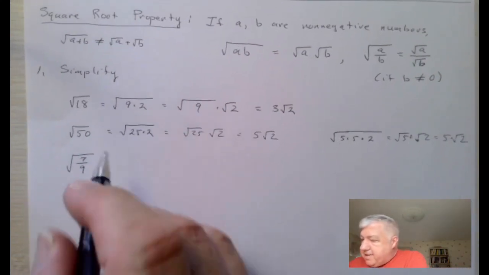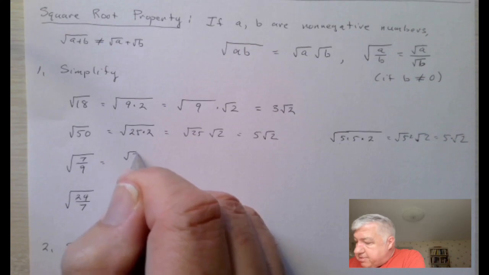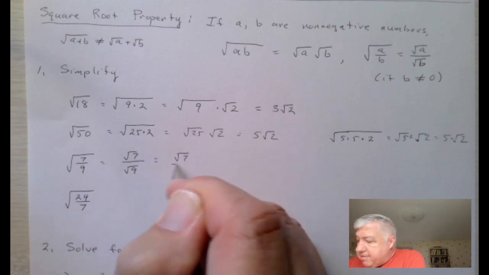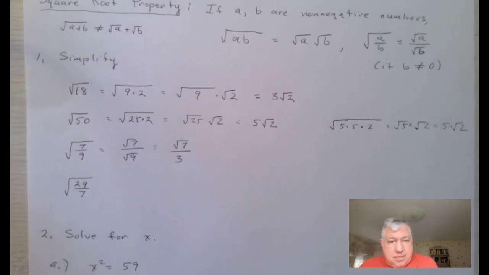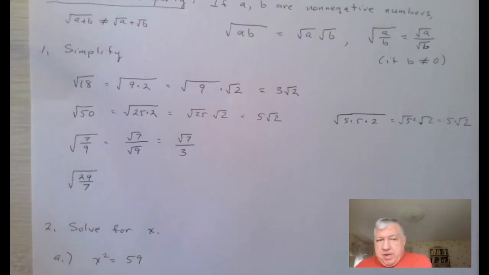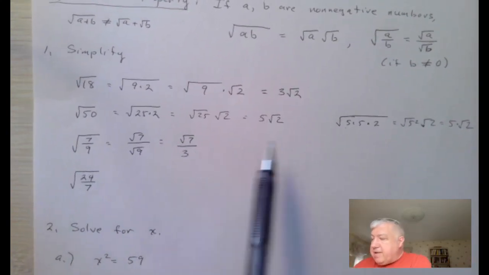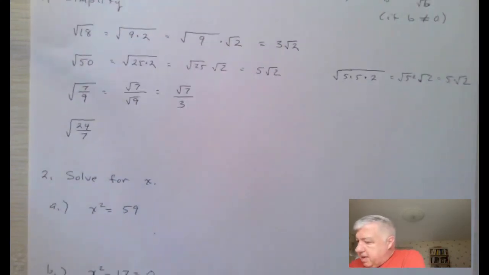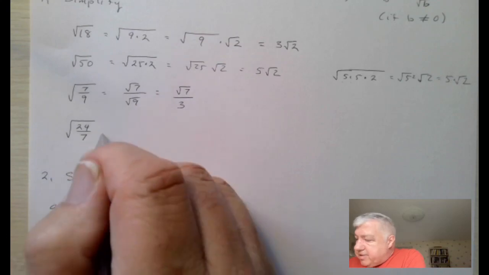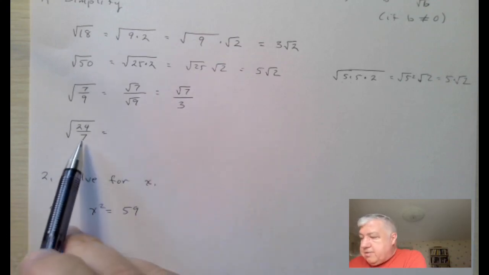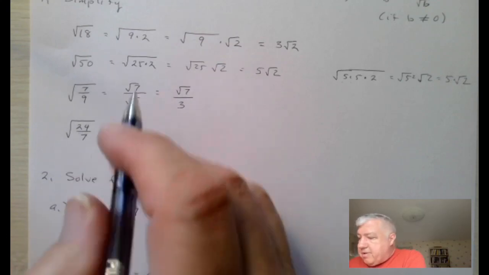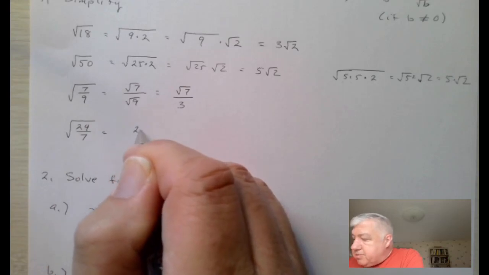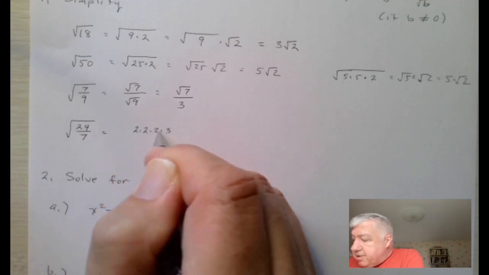The square root of 7/9, we can write as the square root of 7 divided by the square root of 9, which is the square root of 7 divided by 3. And we can't really do anything with the square root of 7 anymore. We couldn't do anything with the square root of 2 either, because those are prime numbers. And the square root of 24 over 7, we can write 24 as 2 times 2 times 2 times 3.